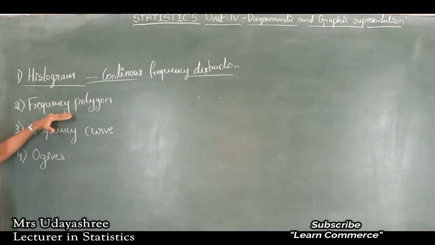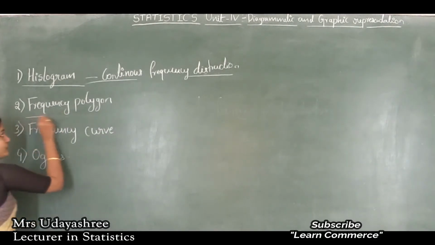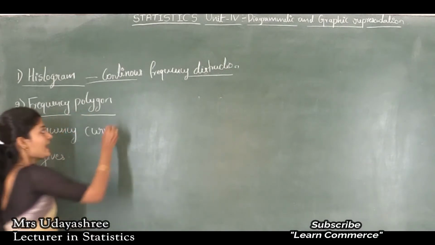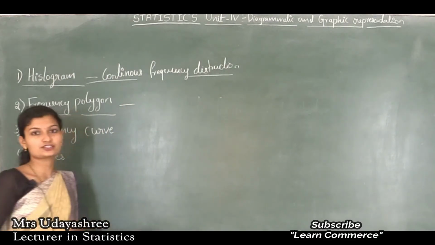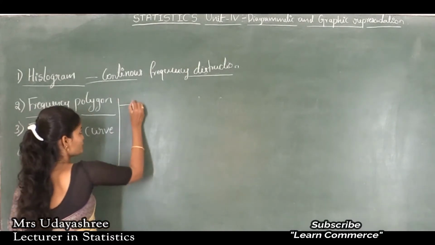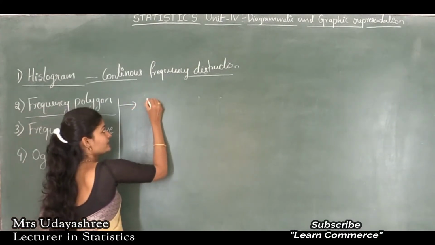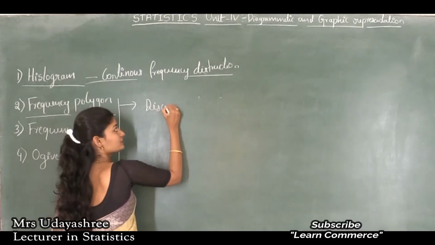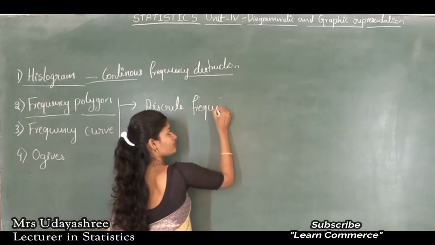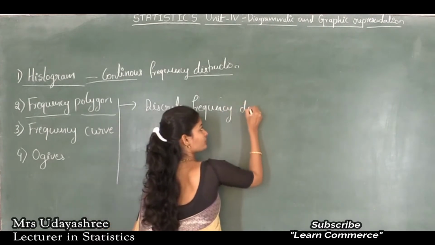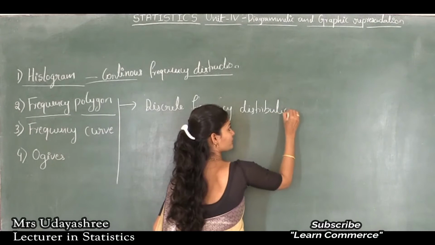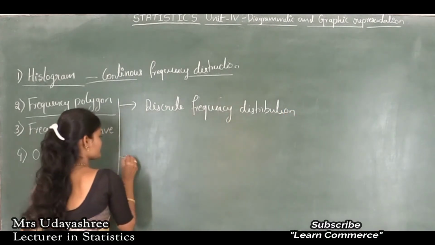In this class, we are going to discuss how to construct a frequency polygon. And this frequency polygon is constructed for either a discrete frequency distribution or a continuous frequency distribution.